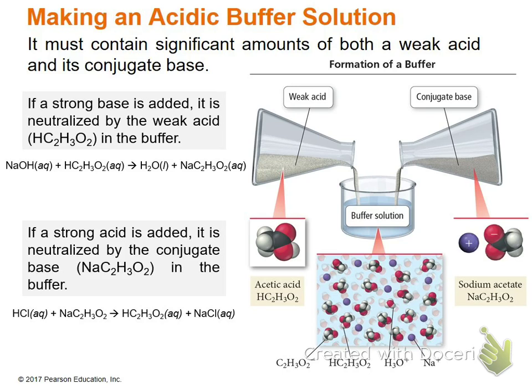This hydrogen right here will react with the conjugate base. And when that happens, you're basically regenerating the acid, acetic acid, right here. And the chloride ion and the sodium ion will react to form sodium chloride.